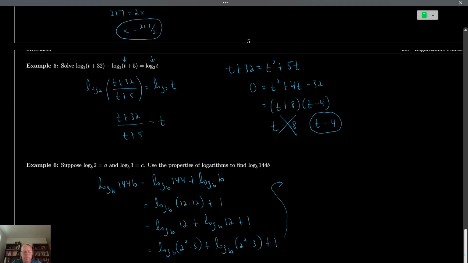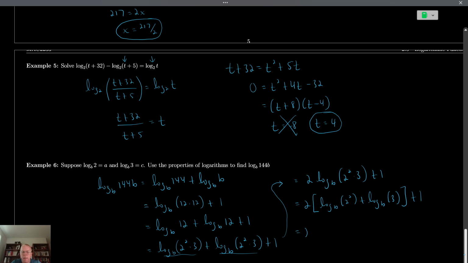In fact, we'll just combine these two. So we have 2 of these guys. So let's just write equals 2 log base b of 2 squared times 3, plus 1. Now let's separate these two: log base b of 2 squared plus log base b of 3, plus 1.